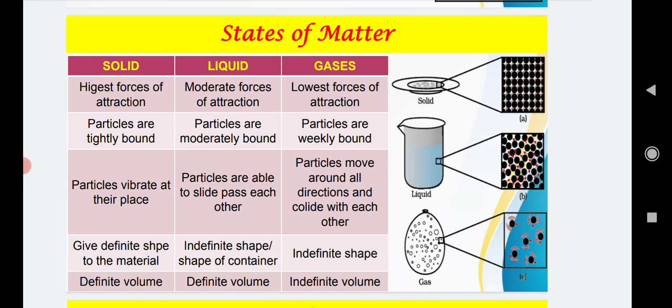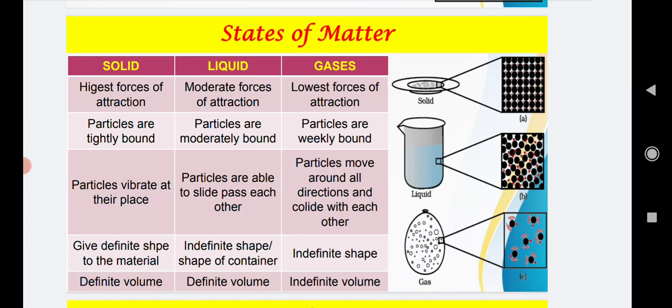That's why liquids acquire the shape of the container, but they have a definite volume. So the third state of matter is gases.